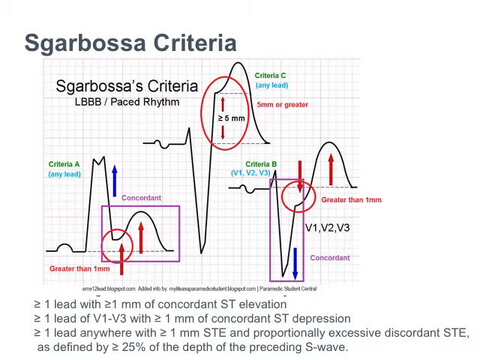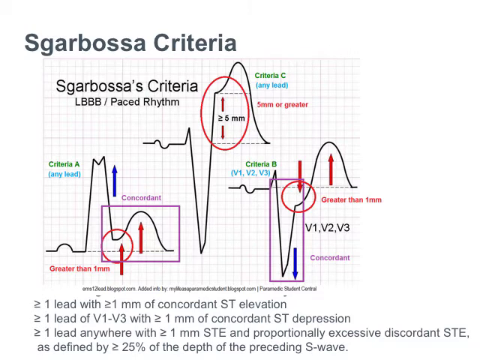Now, criteria C is the tricky one, and that's the one that's right in the middle here. So in the original Sgarbossa criteria, what they said is that if you have discordant changes, meaning, like you say here, QRS goes down, STs go up, that's probably okay unless you have a whole lot of discordant changes.